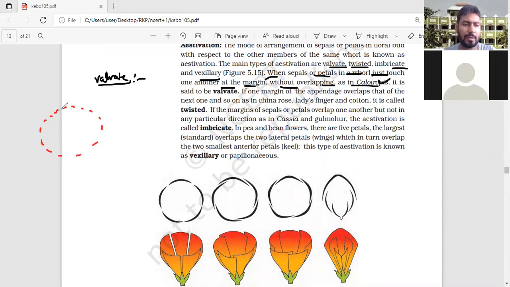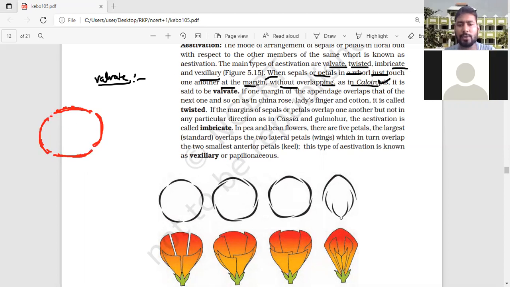This is 1, 2, 3, 4. It does not matter whether it is 4, 3, or 5. This is 4 only. It is in sequence, and the margin is going to touch another one.